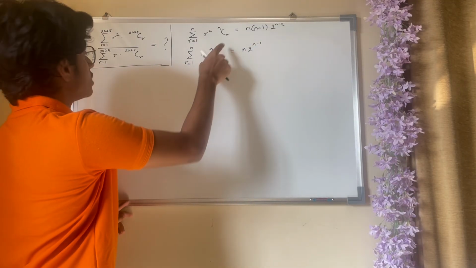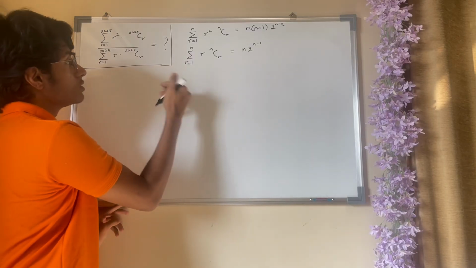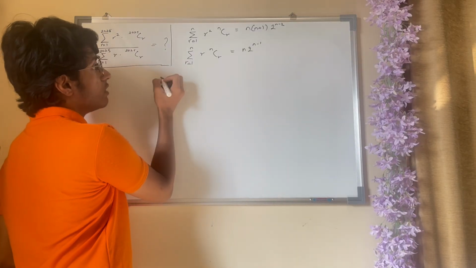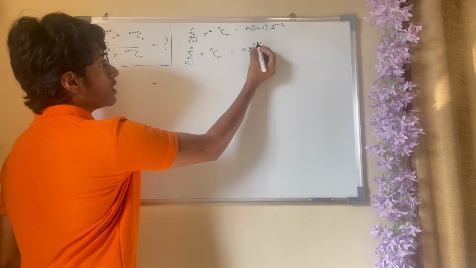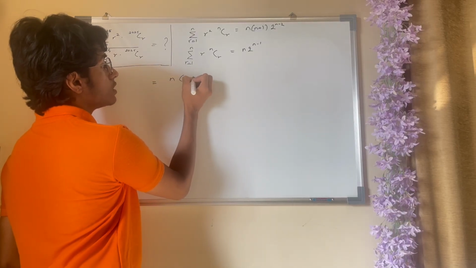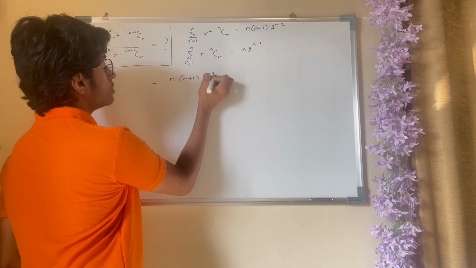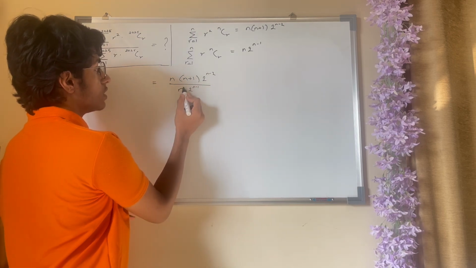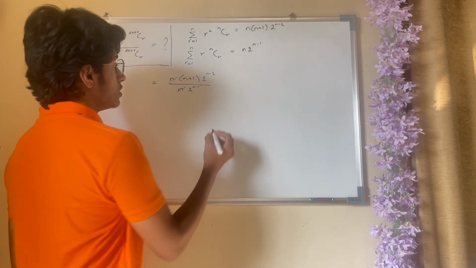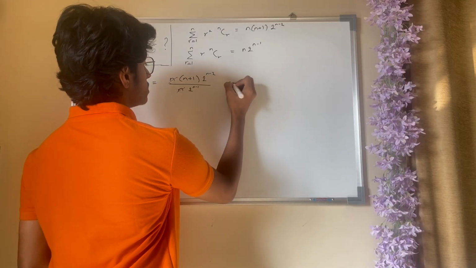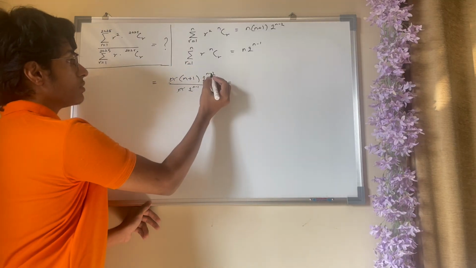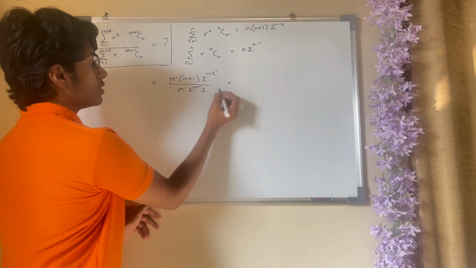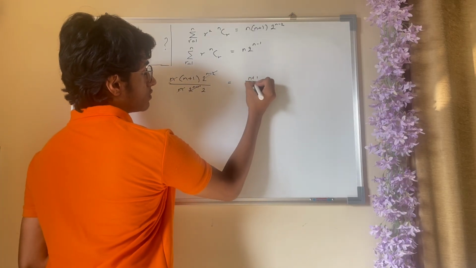This was the numerator, this was the denominator. On dividing, we get n into (n plus 1) into 2 power n minus 2 upon n into 2 power n minus 1. The n gets cancelled, and 2 power n minus 2 will be cancelled by 2 power n minus 1 leaving 2. So the answer is (n plus 1) by 2.